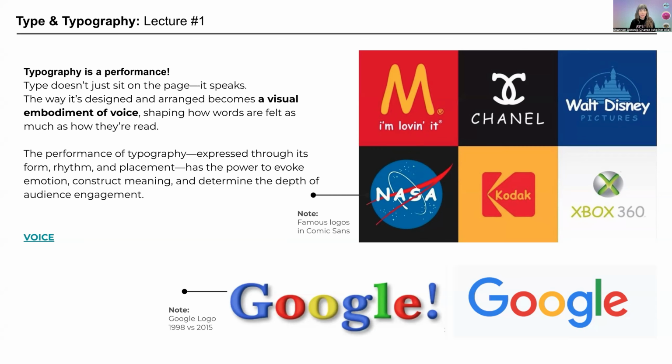Underneath that, we see the Google logo before and after its 2015 rebrand. To the left, the original Google logo is rendered with a serif typeface. That's these little, extending lines at the top and bottom of letter forms. The lines are also thick and thin. This is a type style that calls back to the early days of print.